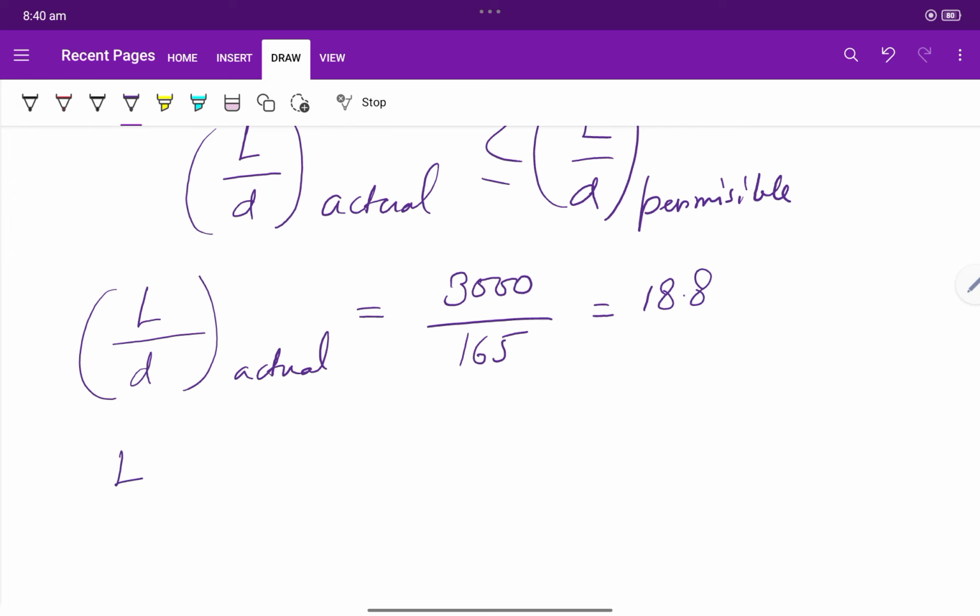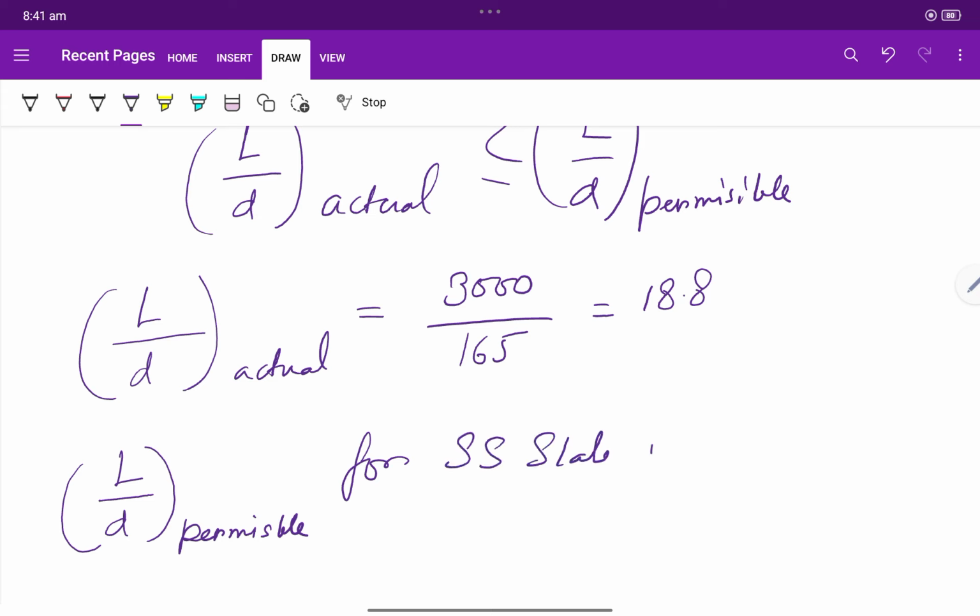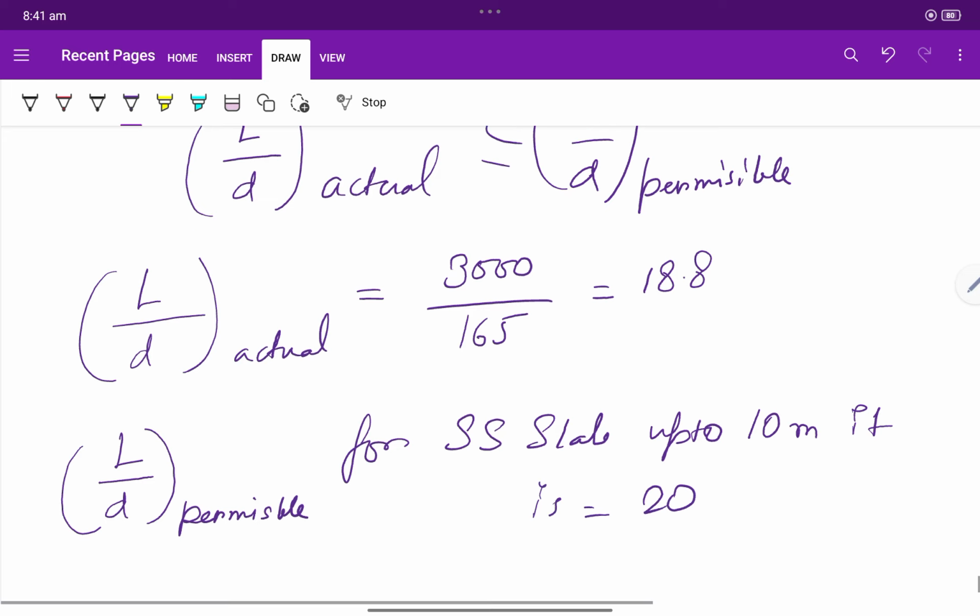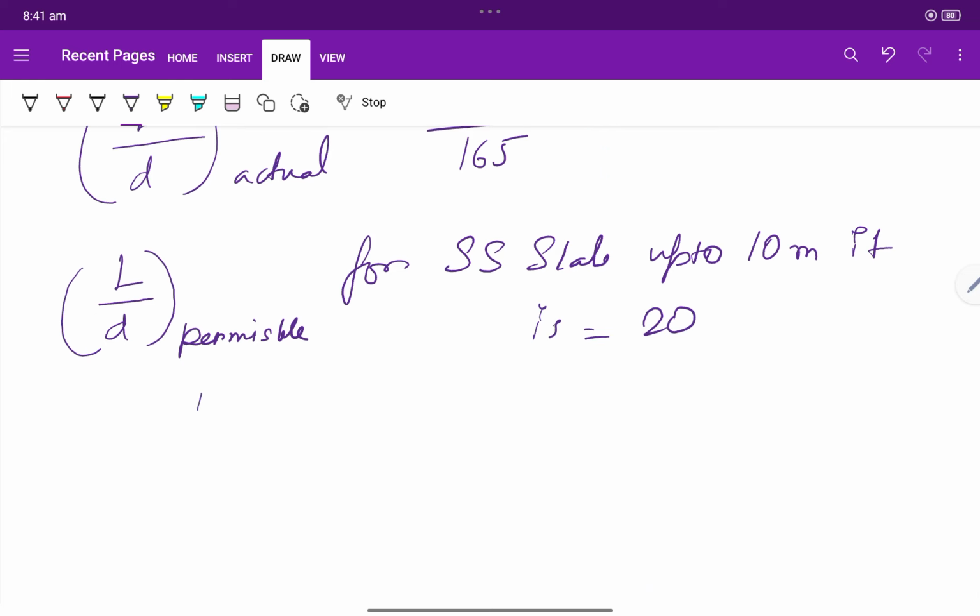And L by D permissible for a simply supported slab up to 10 meters span is equal to 20. So hence the slab is safe in deflection.